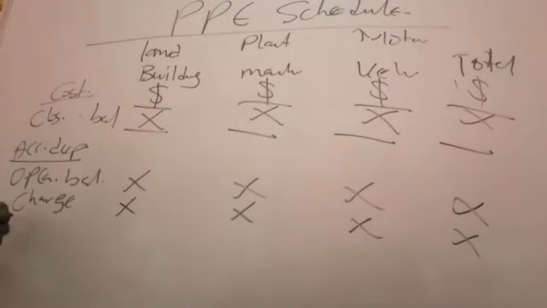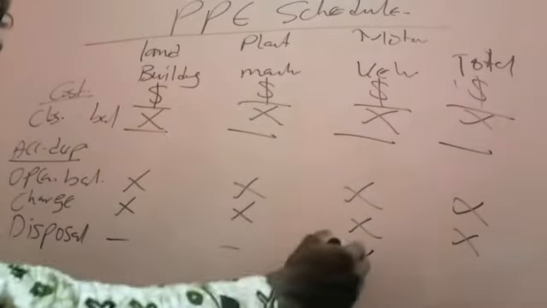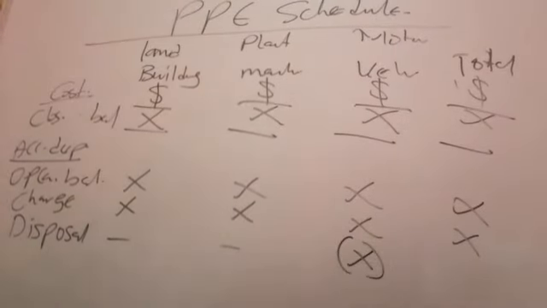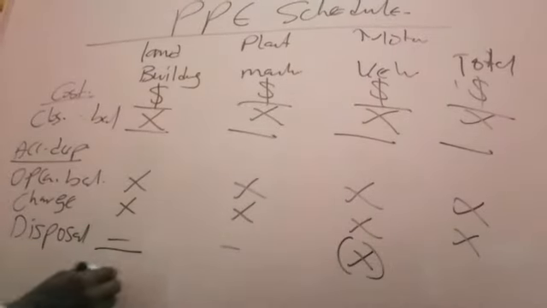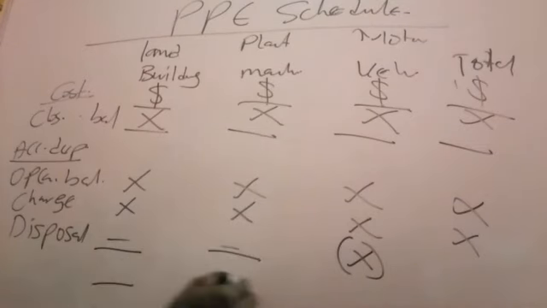Then finally, you record the disposal. We said cost from cost, accumulated depreciation from accumulated depreciation. So this is the accumulated depreciation section. So disposal. Maybe they sold a vehicle, so the accumulated depreciation on the vehicle that they sold goes here. You put it in brackets and underline it.